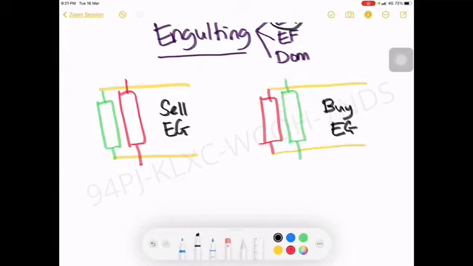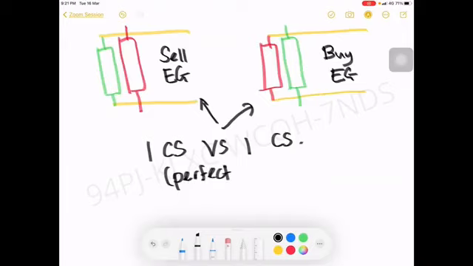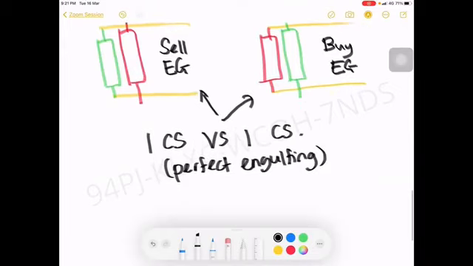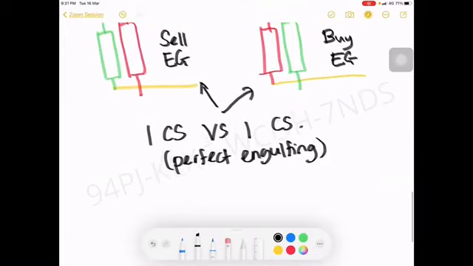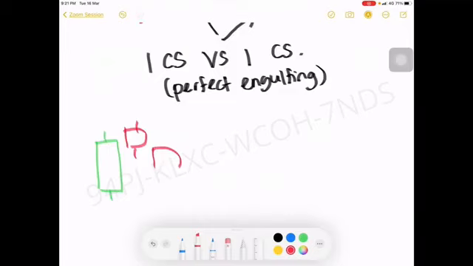It's gonna look like this. So we are going to mark this candlestick, this one, or what we call perfect engulfing.